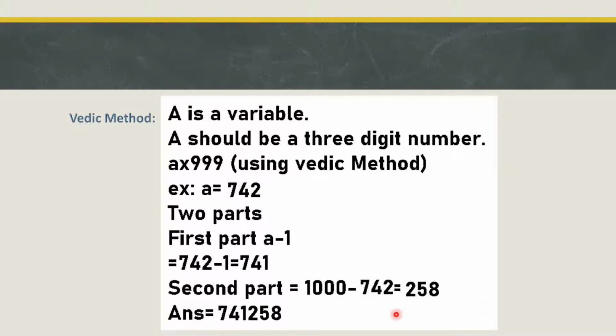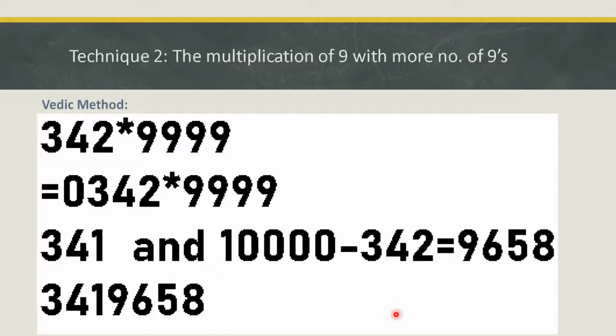Let's see. This technique has three methods. Here, technique 2 with more nines. Before, we did 999 into a 3-digit number. Now we do 9999 into 342. Over here we put 0342 into 9999, or if you want we can also do 342 into 9999.